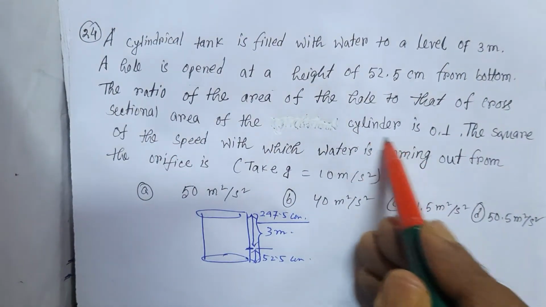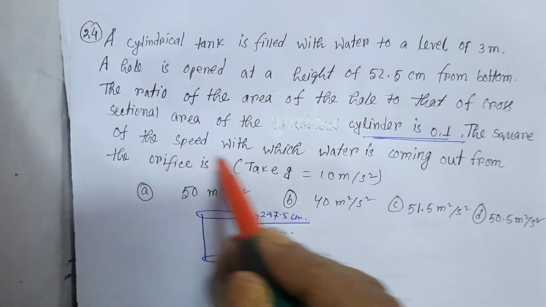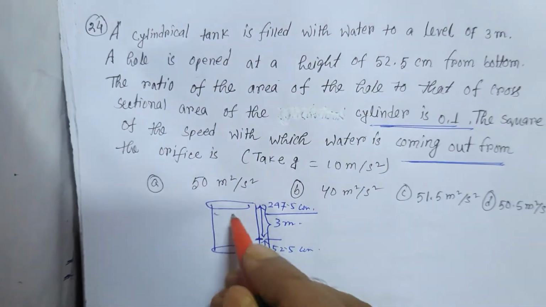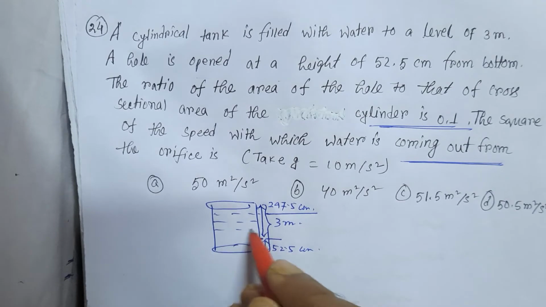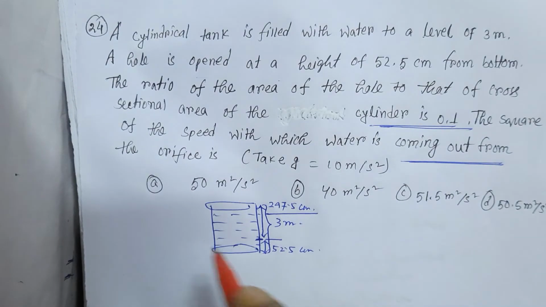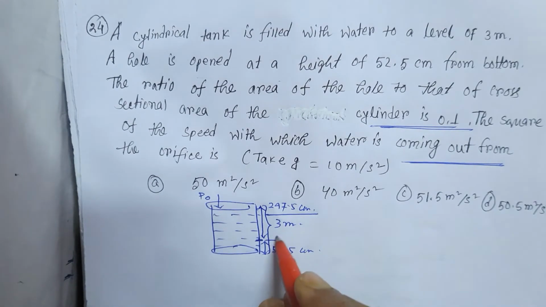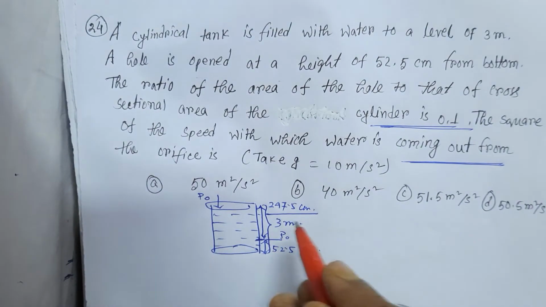And the cross-sectional area ratio is given, the square of the speed with which the water will be coming out. Now we may apply Bernoulli's theorem. Here the atmospheric pressure is P0, and here is also atmospheric pressure P0.